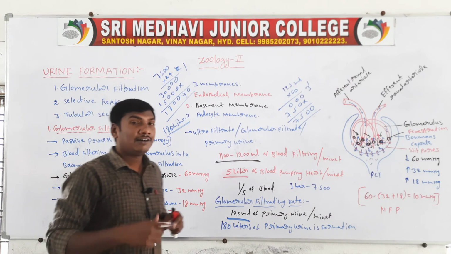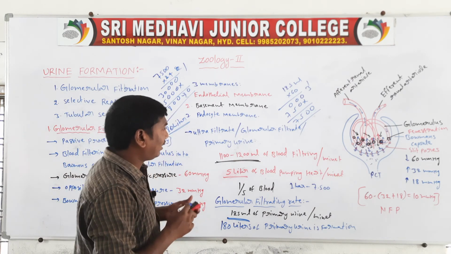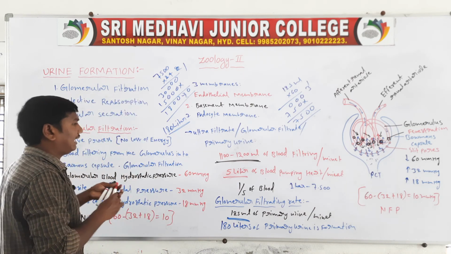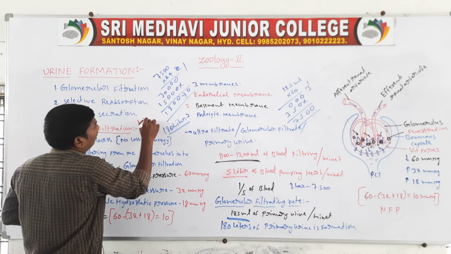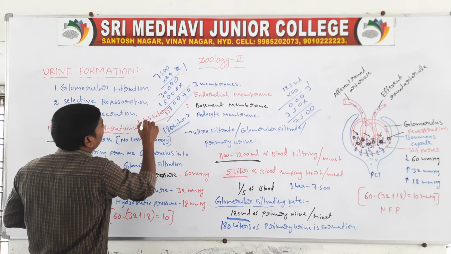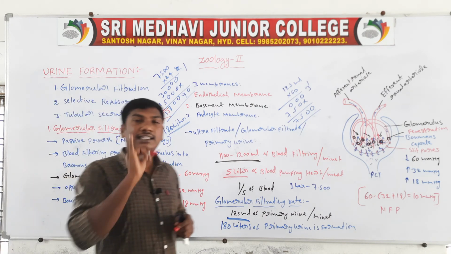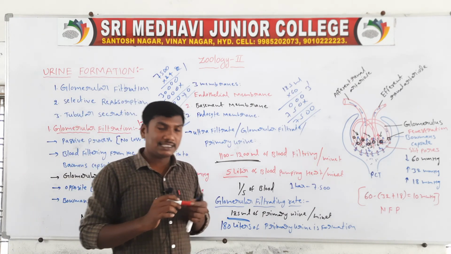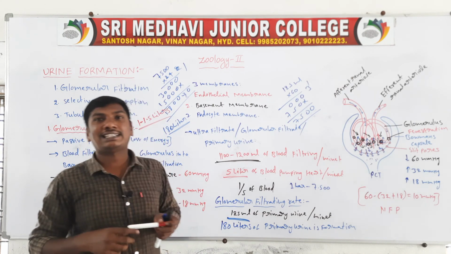But per day, a healthy human being excretes only 1 to 1.5 liters of urine.